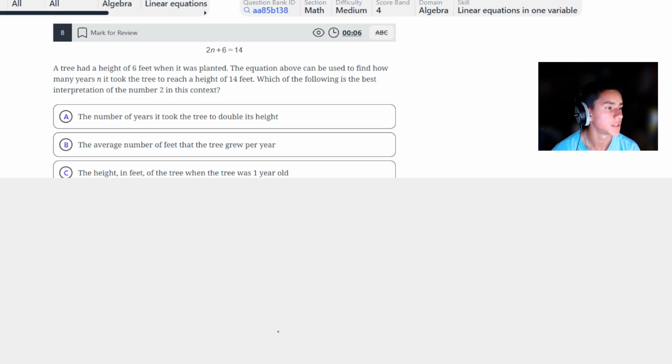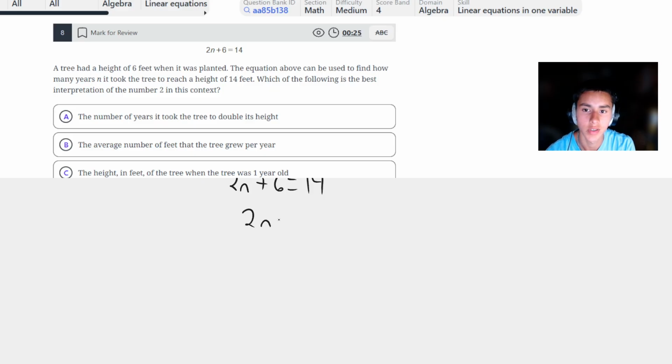A tree had a height of 6 when it was planted. The equation above can be used to find how many years it took the tree to reach a height of 14. Which of the following is the best interpretation? Alright, so if the tree's initial height was 6, in this equation, 6 is the initial height.